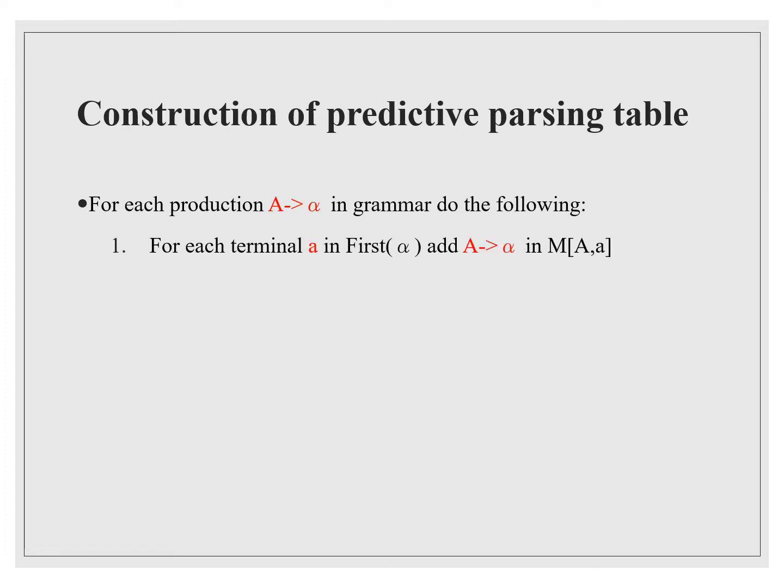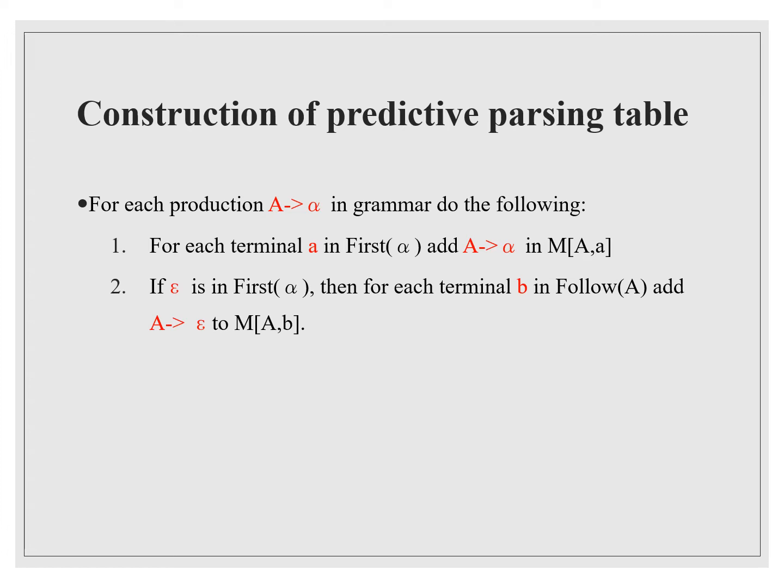According to step 1, for each terminal a in first of alpha, you just consider the first of the right-hand side, first of alpha. For each terminal a in first of alpha, we have to add the production A derives alpha in the table, that is, M of A comma small a.